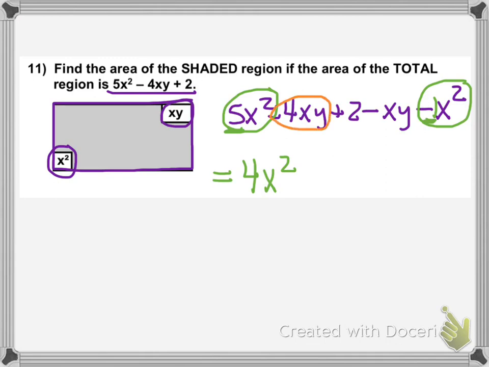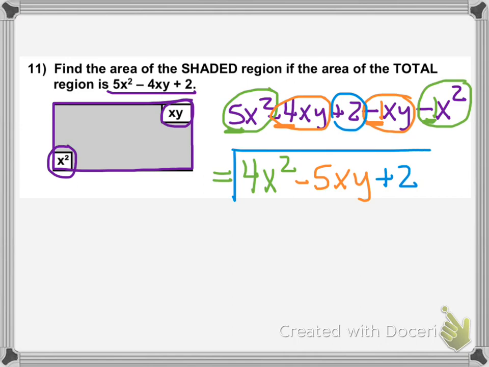I do have another xy term, and that's this negative 1xy. When I combine a negative 4 with a negative 1, I get negative 5xy. And then I'm left with that little 2 at the end, so we'll just put him down. He doesn't have a like term. So this expression represents the area of just the shaded part. So I know these expressions are kind of weird looking, but hopefully you can start to get used to them.